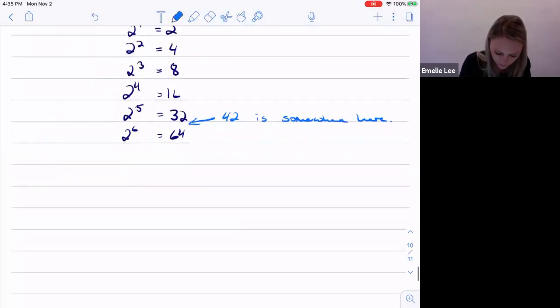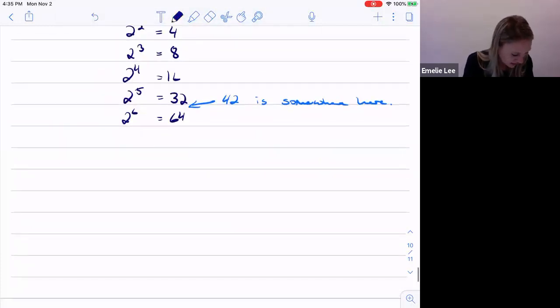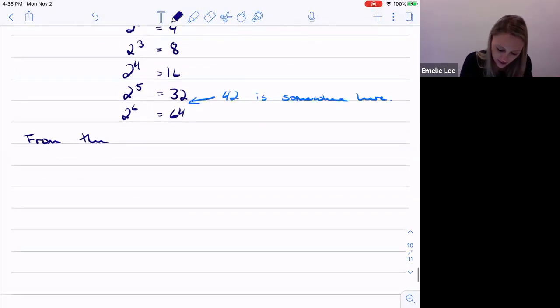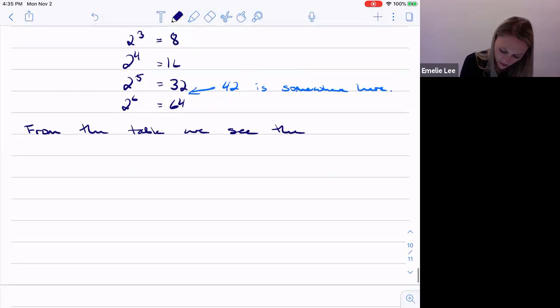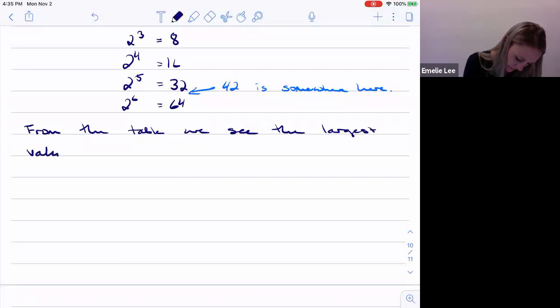So from the table, or the list, we see the largest value less than 42 is 2 to the power of 5, which is 32.